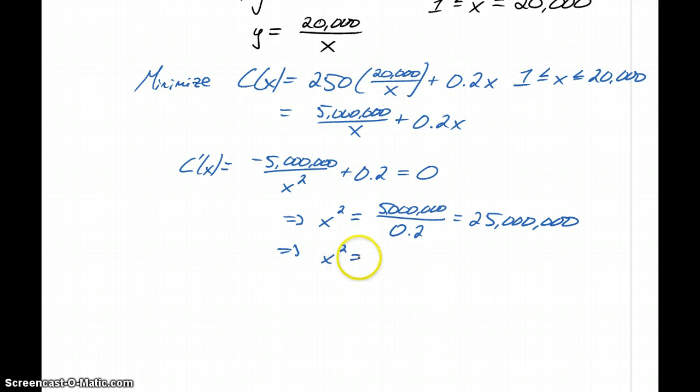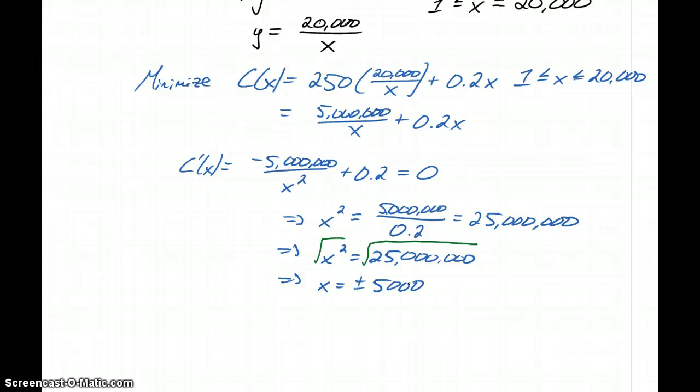So we have x squared equals 25 million. And then if we take the square root of both sides, this will give us x equals plus or minus 5,000.